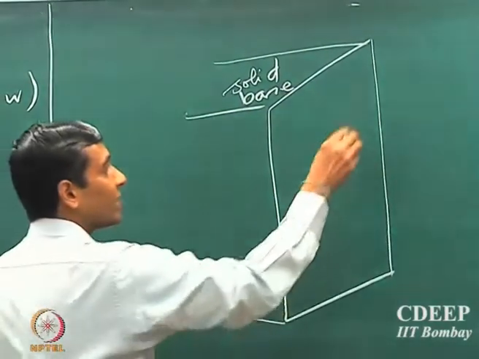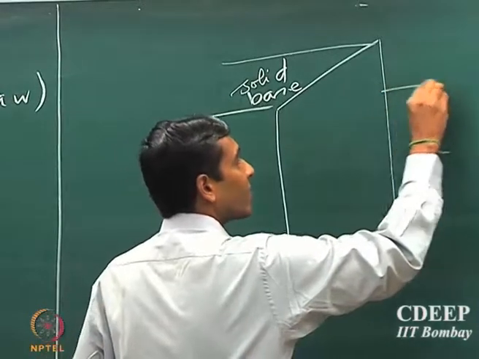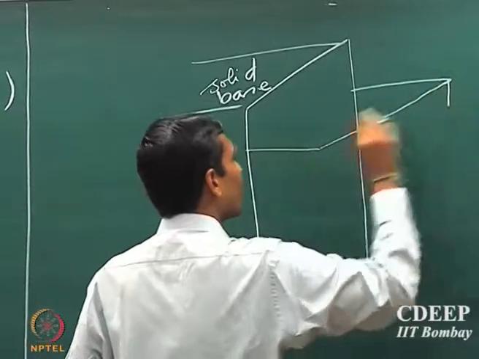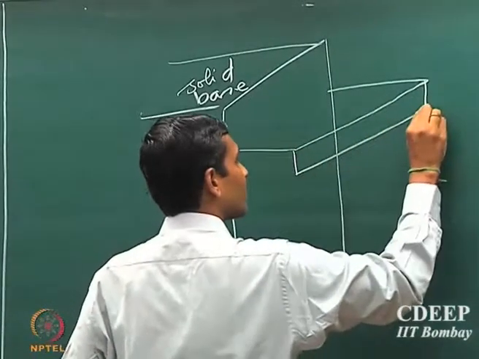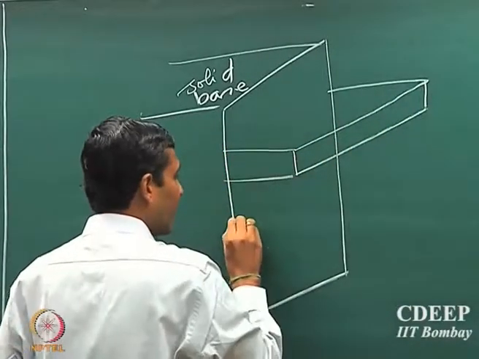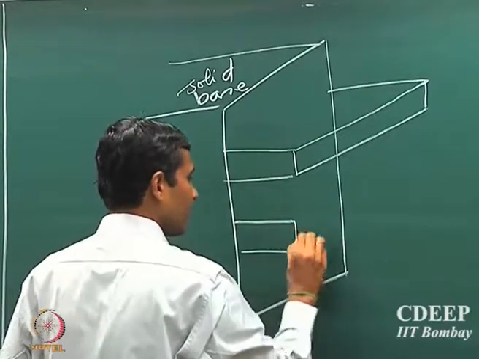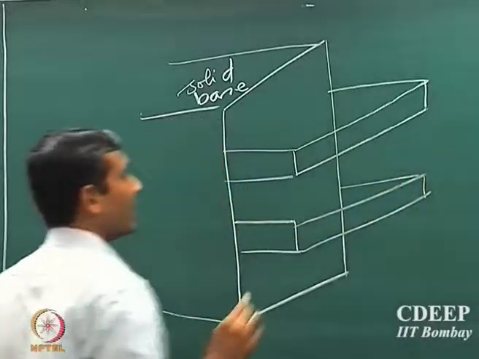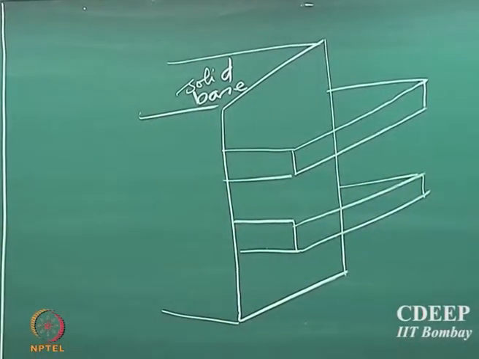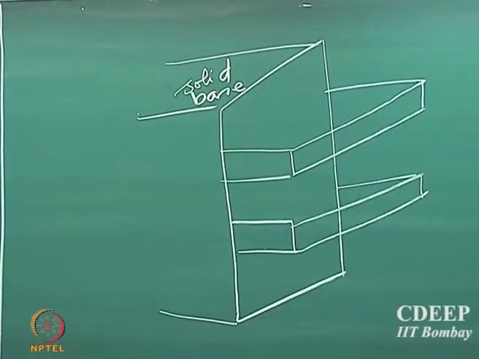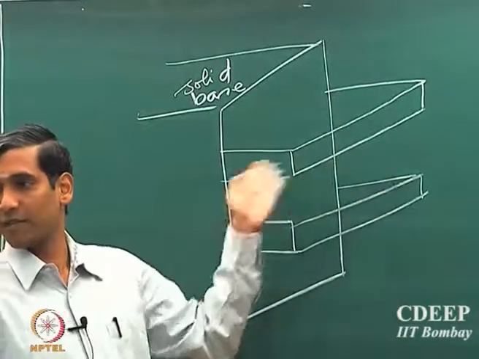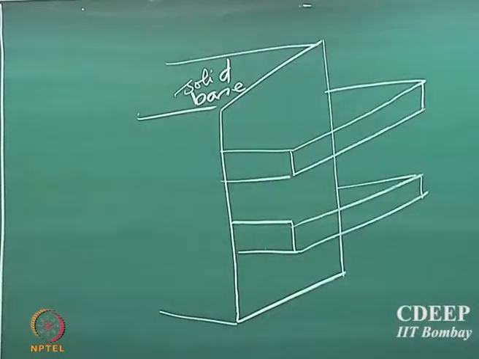So one way to do that is to have some sort of fins which are protruding out of these surfaces, and you could have many such fins, which are protruding out of these base surfaces, and there would be heat transfer from the top and the bottom surface of this fin, and of course on the sides also.